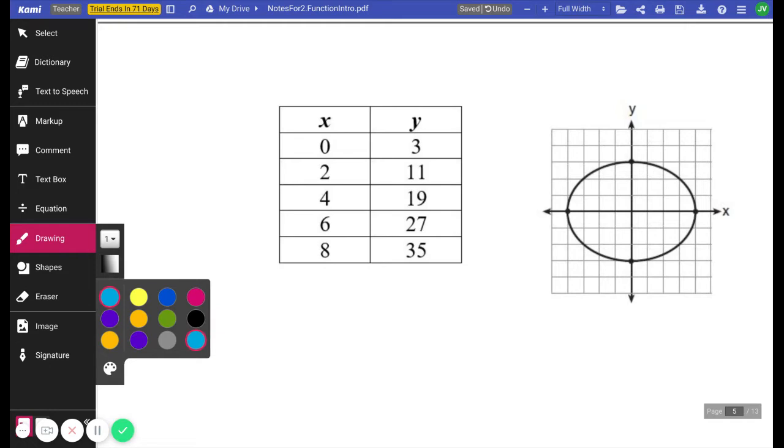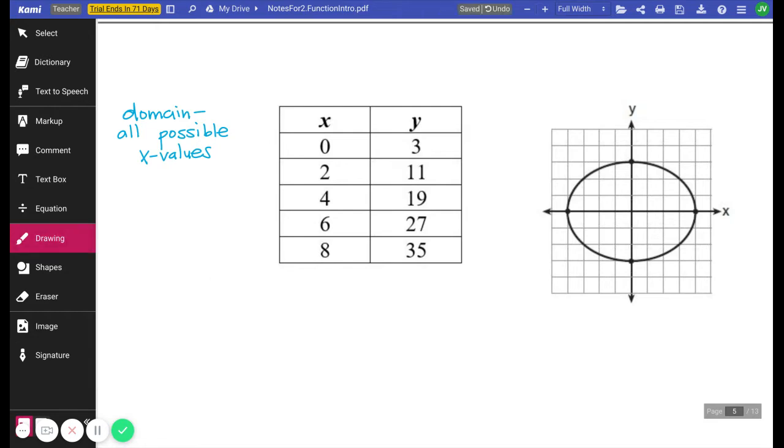First of all, domain. Domain, all possible x values. Range, my orange color, all possible y values.